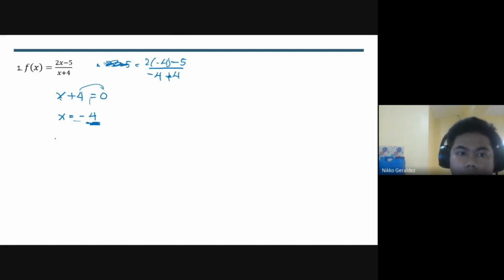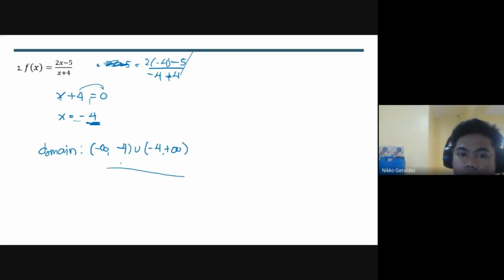So ano po yung domain in interval notation? Yung domain natin is all real numbers except negative 4. So in interval notation, that is the union of negative infinity to negative 4 and negative 4 to positive infinity.